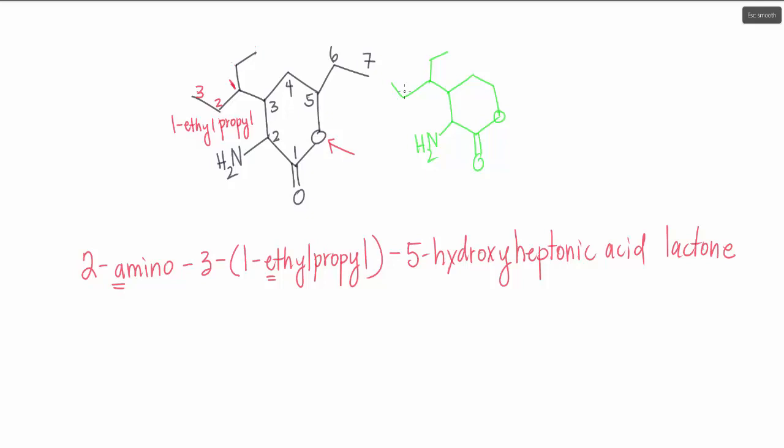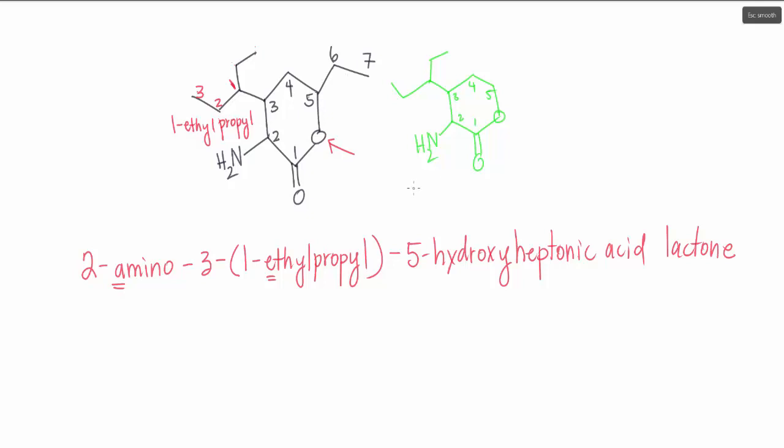Notice how it's different from this structure. The only thing that is different is you have 1, 2, 3, 4, 5. Everything would be the same: 2-amino, 3-(1-ethyl propyl), 5-hydroxy. Instead of heptonic acid, we would have pentonic acid. We don't have any additional carbons attached to the N intramolecular carbon.